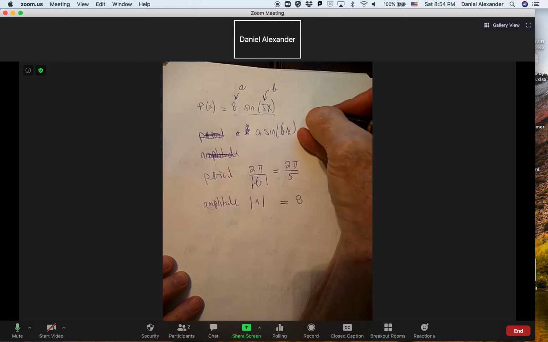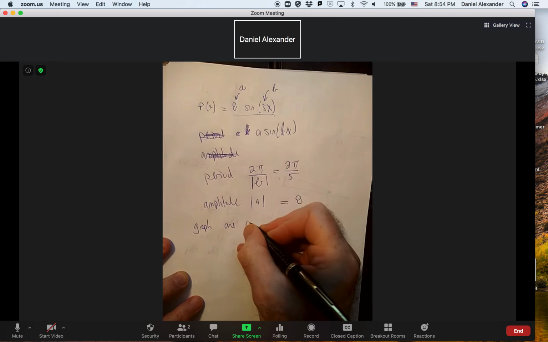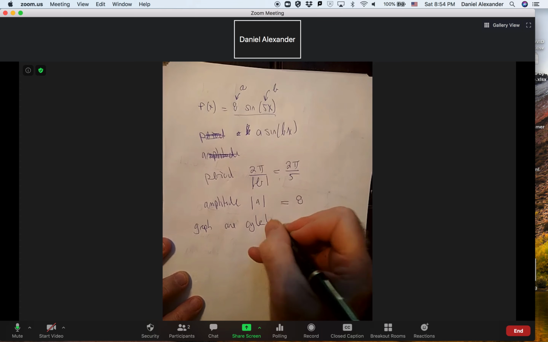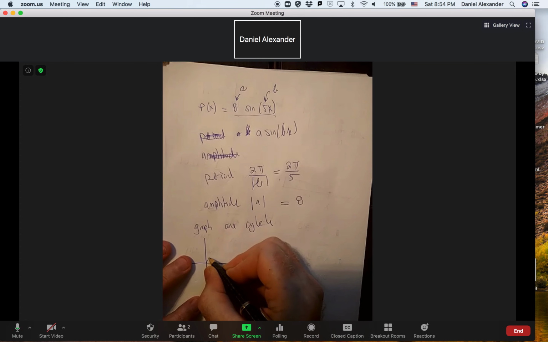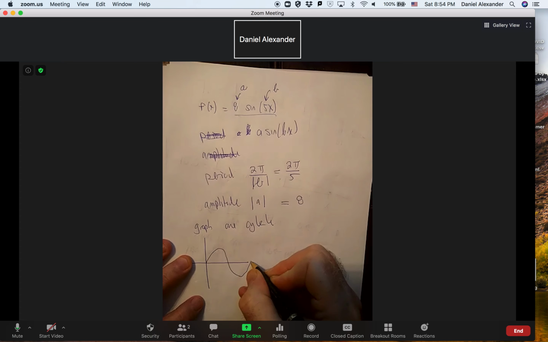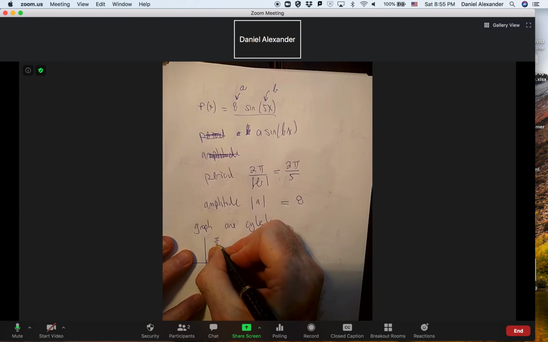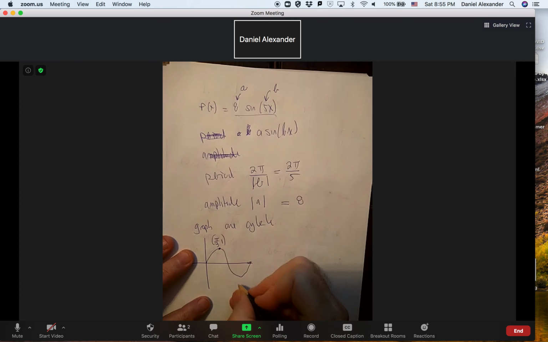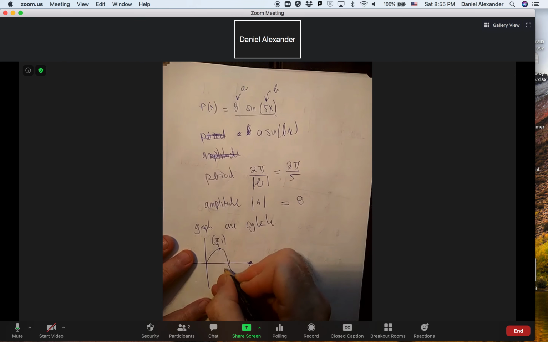So I'm going to graph one cycle, and I'm going to transform. The way I'm going to do it is I'm going to start with the graph of the sine. There's one period. This is the point pi over 2, 1, 3 pi over 2, -1, and this is the point 2 pi, 0 and pi, 0.